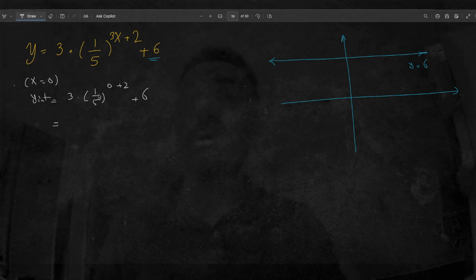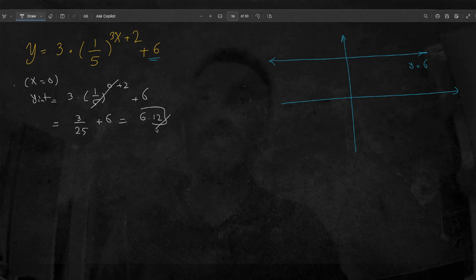So this is going to be 3 over 25 plus 6, which is going to be 6.12. Okay, so 6.12 is here on the top. It's good news. Why? Because you are sure that you're not going to have any x-intercept in this case.